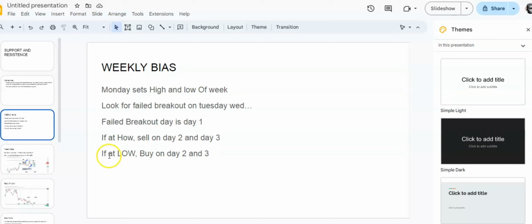So if we look at 20 to 2045, this is where we have our high and our low of the session. We extend that high to that level. Now we have an accurate high and low of the day.